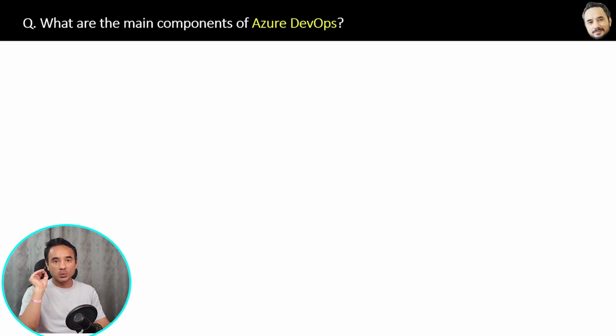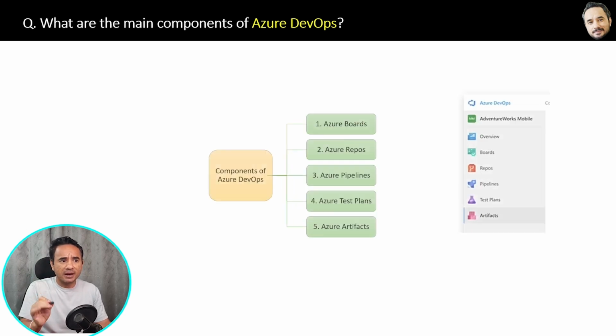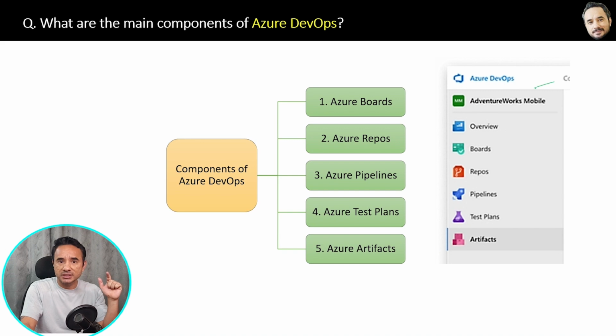What are the main components of Azure DevOps? Now when you open your Azure DevOps portal, then here is the main menu. Okay, so this is the main menu, or we can say inside we have the main components. So basically these are the components which will help you in developing your application from scratch to the deployment in production.